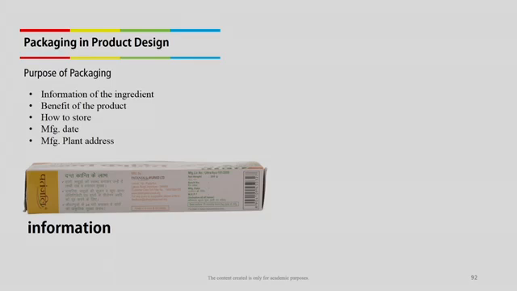In this particular case, the benefits of the product, the manufacturing information, where it is produced, how to store, all that information is given. Next purpose is marketing. The packaging and labels can be used by marketers to encourage potential buyers to purchase the product.